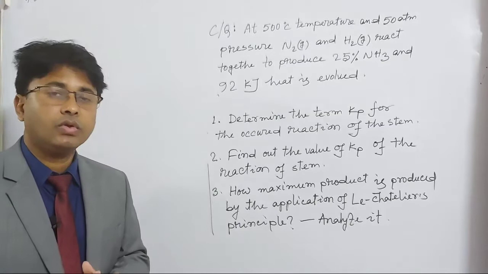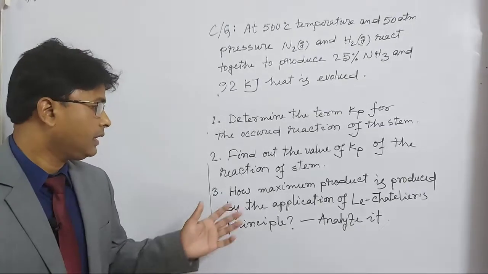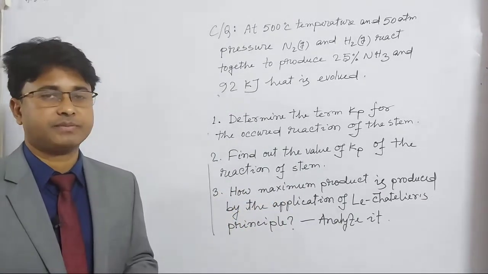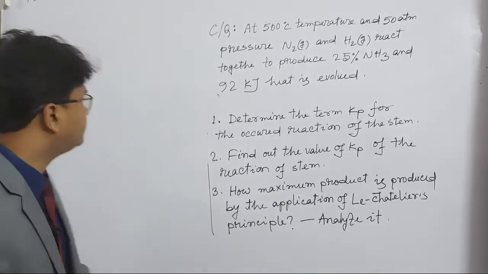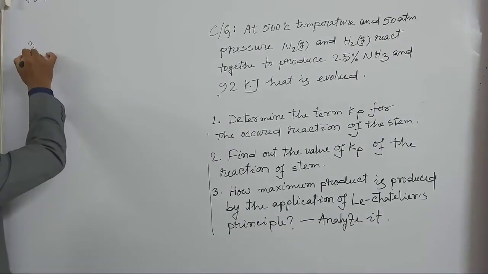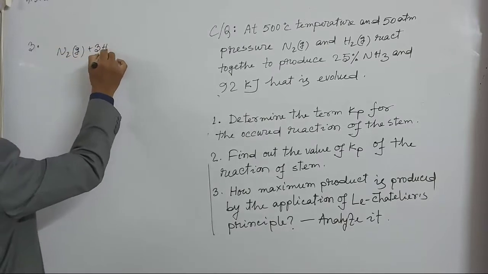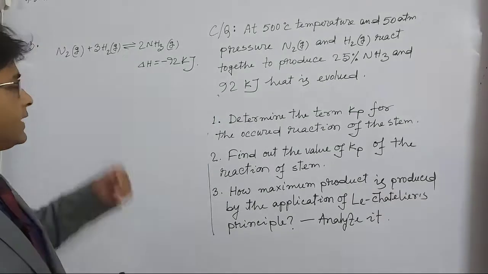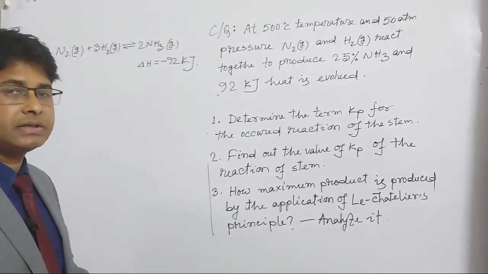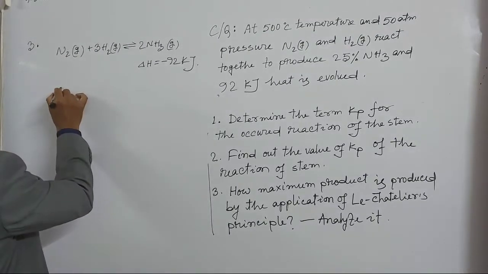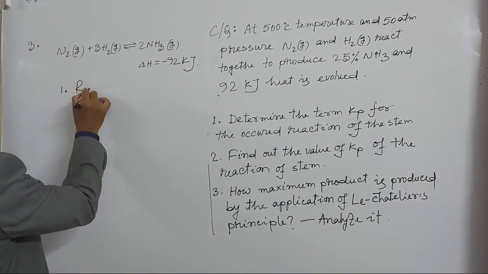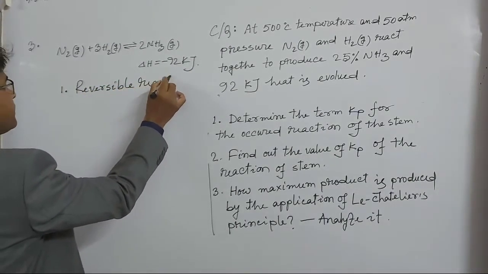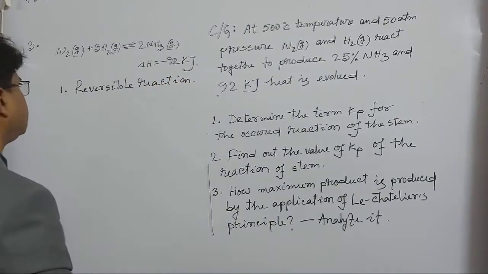Now dear students, look at question number 3. How is maximum product produced by the application of Le Chatelier principle? So we have to write the reaction here. By the observation of this reaction, I can write here, number 1, this is a reversible reaction.